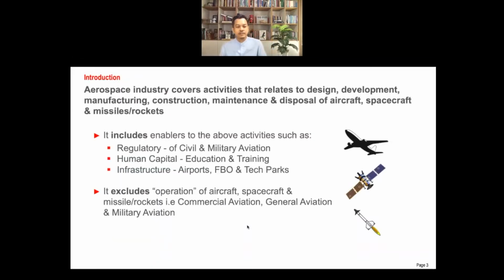As an introduction, the aerospace industry covers activities that relate to design, development, manufacturing, construction, maintenance and disposal of aircraft, spacecraft and missiles as well as rockets. Right? So this is the definition that we are going to use.